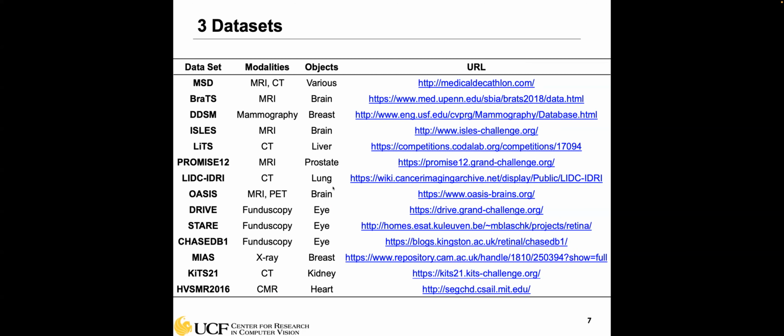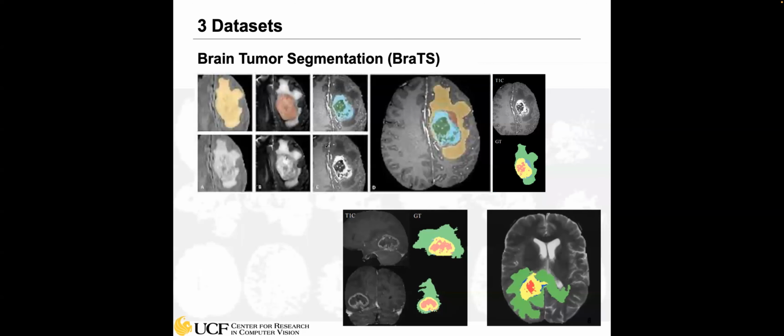For example, maybe you are doing a final project involving liver tumor detection. Maybe this LITS data set is an option you can check out. Also listed are these websites so you can check some of the details for the individual data sets.